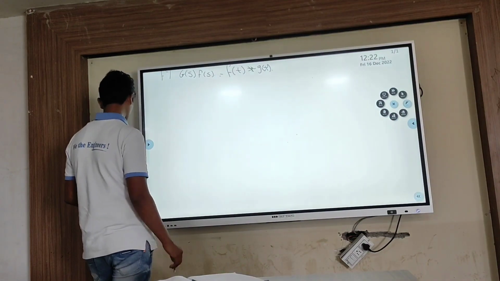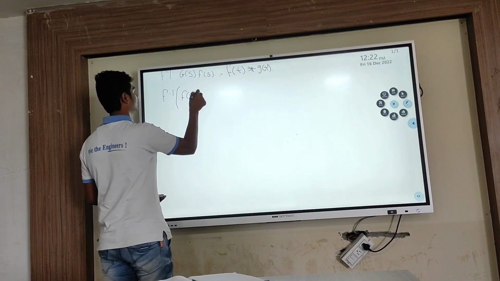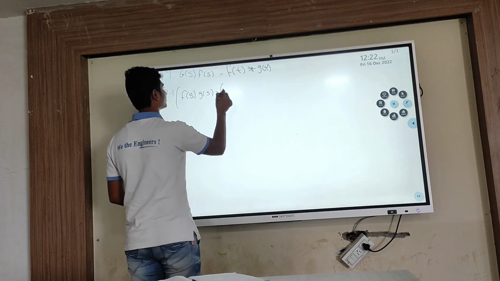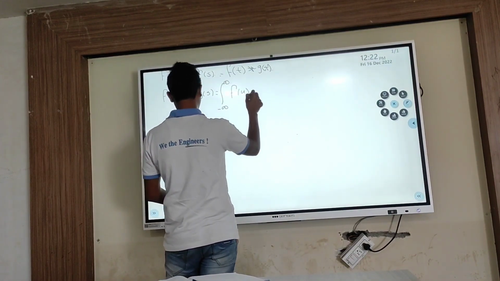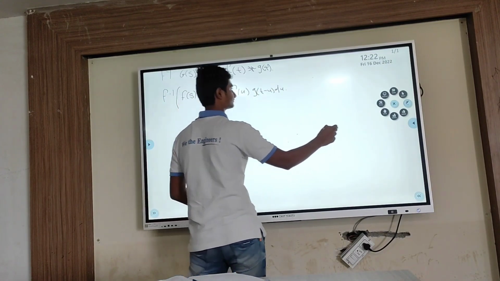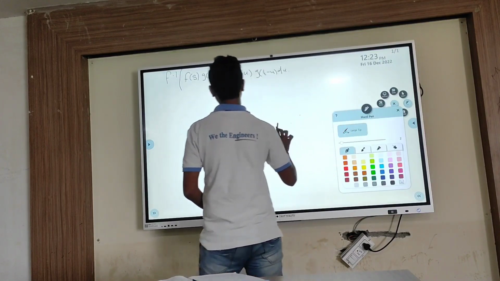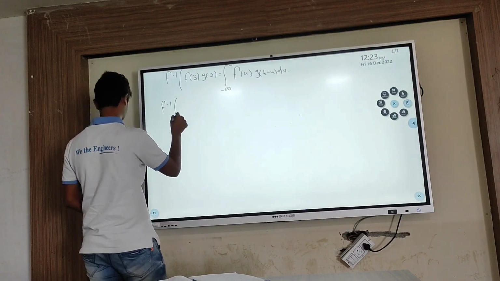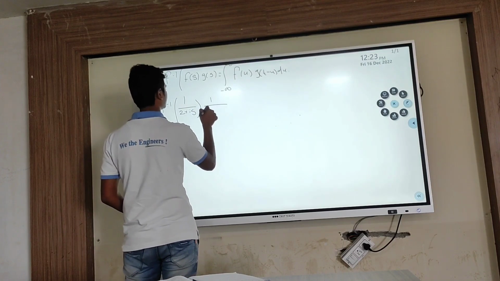So we can calculate the inverse, so we have f of s and g of s, and we get the integration from minus infinity to infinity of f of u and g of t minus u du. So we take our integration, the inverse of 1 upon s plus 2 and 1 upon s plus 3.